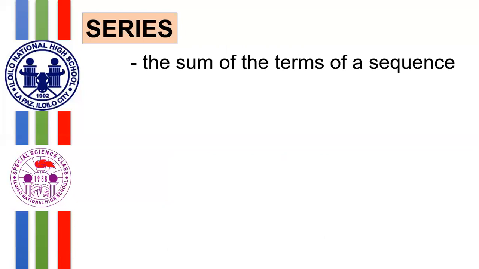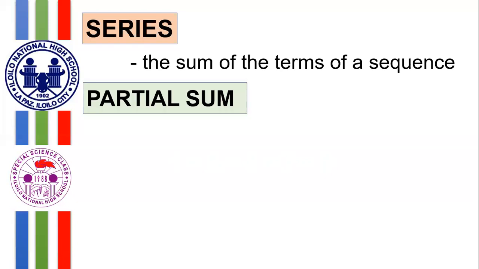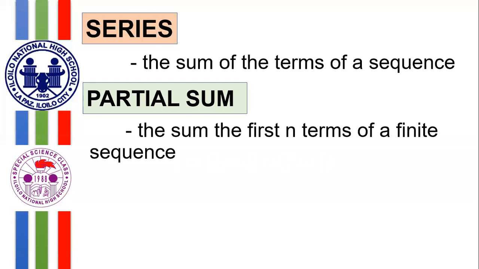So a series is the sum of the terms of a certain sequence. And you could have the sum of all terms of a certain sequence. But for our case right now, we will focus on what we call partial sum.